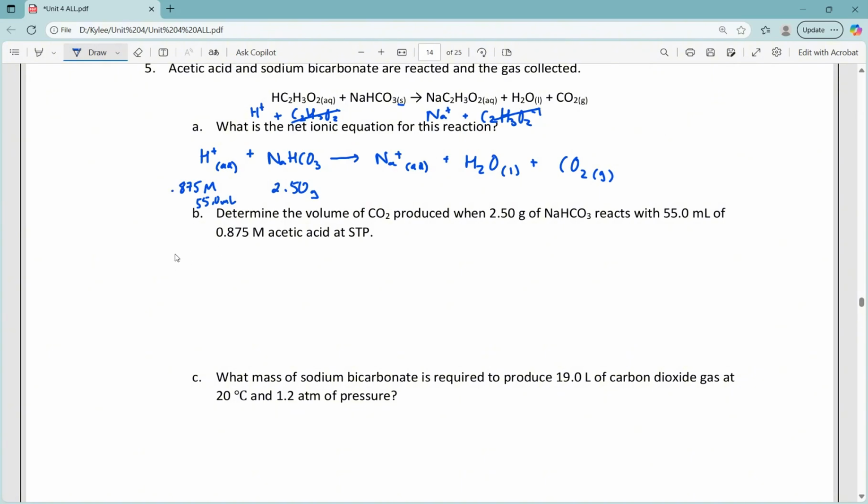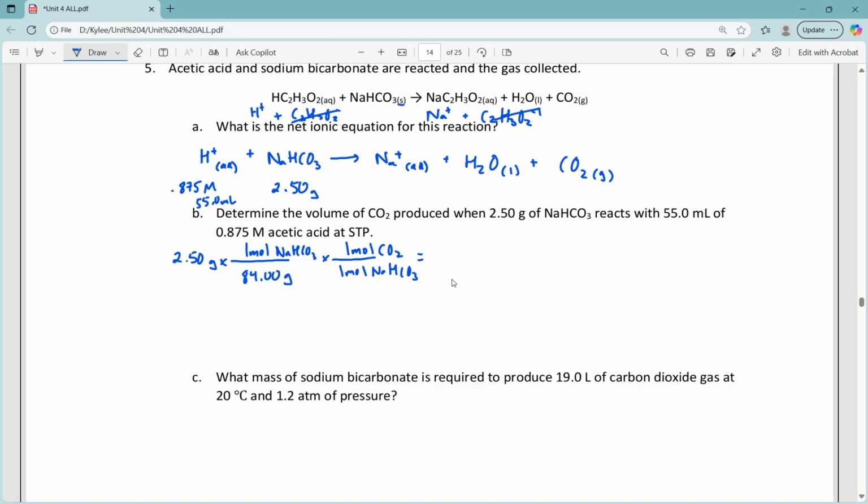So I'm going to start with the sodium bicarbonate, 2.50 grams. I need to put the molar mass of sodium bicarbonate on the bottom, and that's going to be 1 mole on top. The molar mass of sodium bicarbonate is around 84. Then I want to use my mole ratio, which is 1 to 1. 1 mole of sodium bicarbonate is equivalent to 1 mole of CO2 gas because all of the coefficients in our balanced equation are 1.